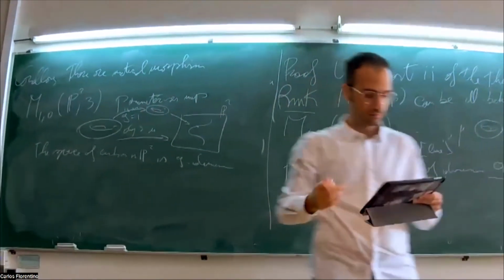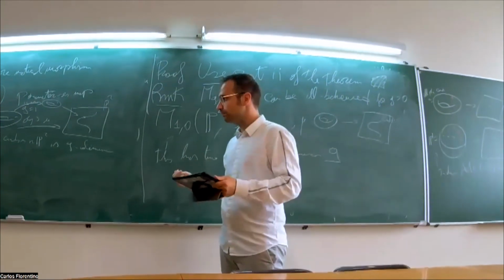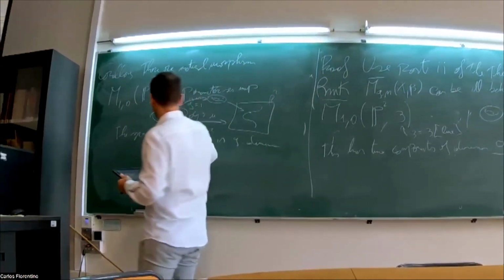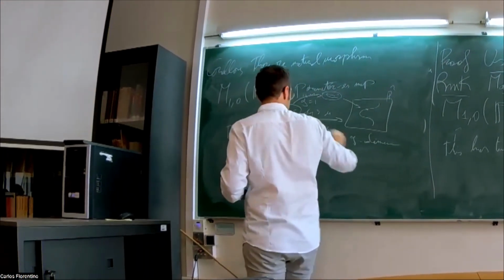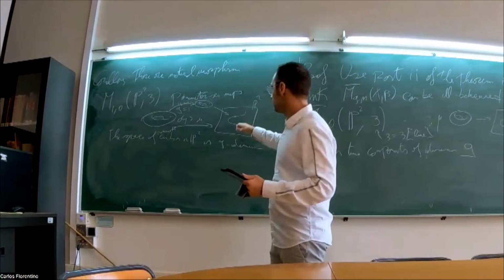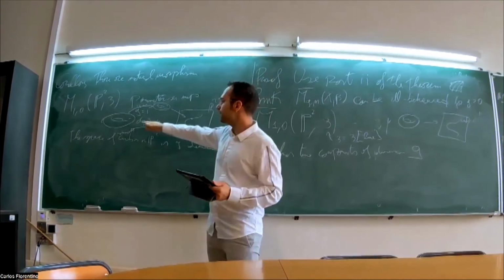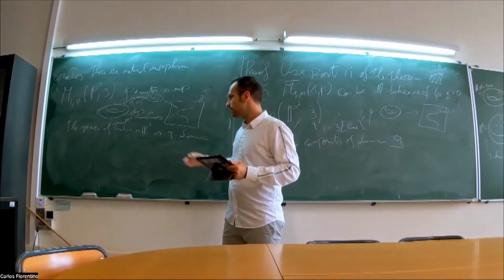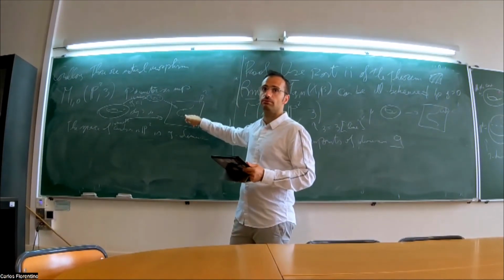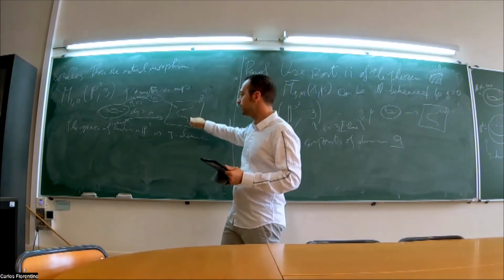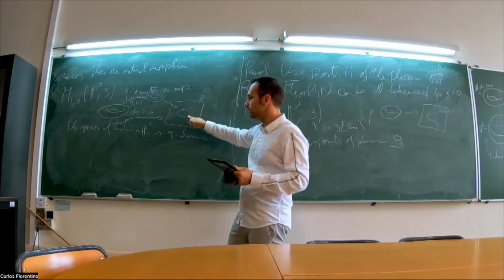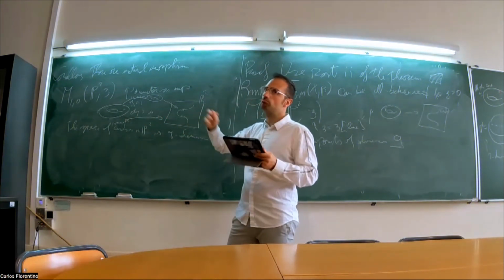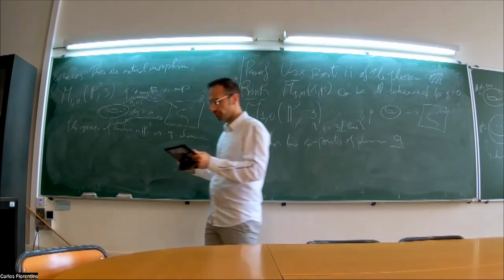Basically each map is identified with its image: for each curve I can imagine a map with that image, and for each map I can consider its image, and this is a one-to-one correspondence.